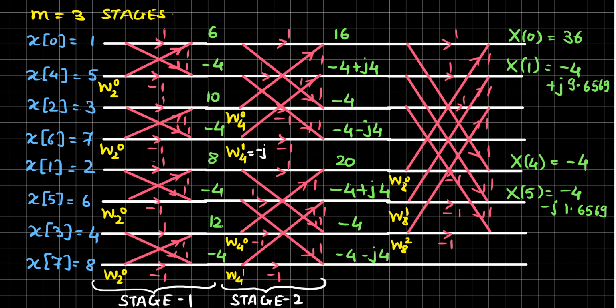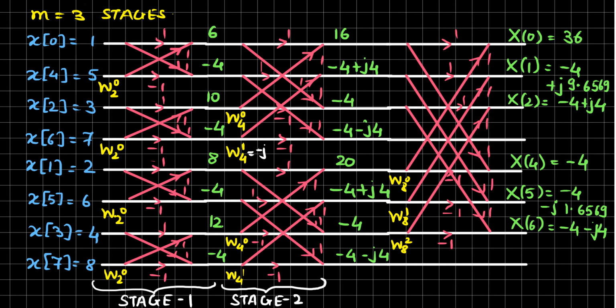And the point here is obtained as minus 4 into w8 to the power 2, so that comes out to be x of 2 is equal to minus 4 plus j4. Similarly, the value here, that is x of 6, is obtained as minus 4 into minus 4 into w8 square, so that comes out to be x of 6 is equal to minus 4 minus j4.